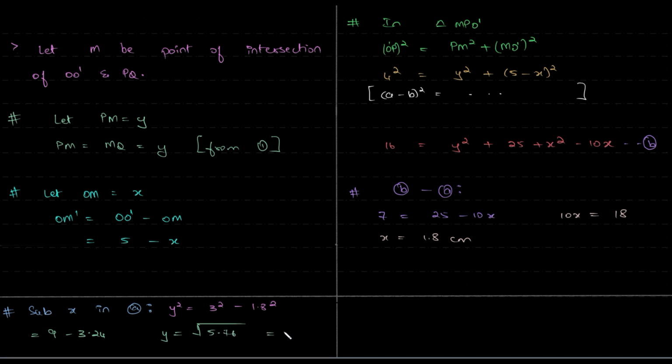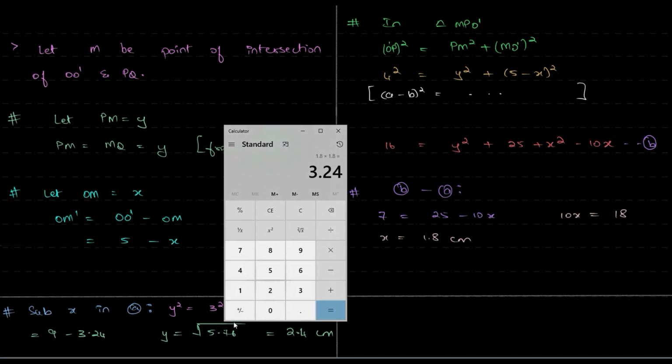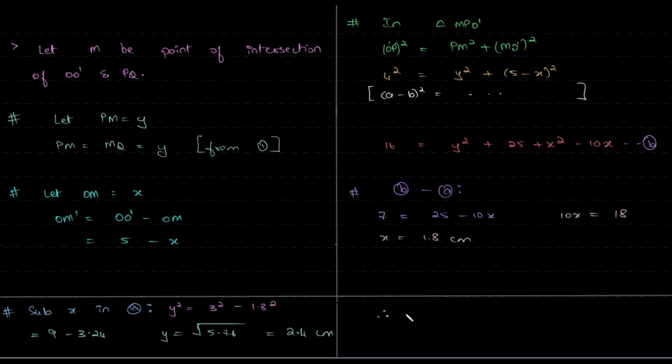This is nothing but 576 is 24 squared, so 2.4 centimeter. All this you kind of need to know. 24 into 24, right? The same number, and therefore the chord length, chord 2 times of y is equal to 4.8 centimeter.